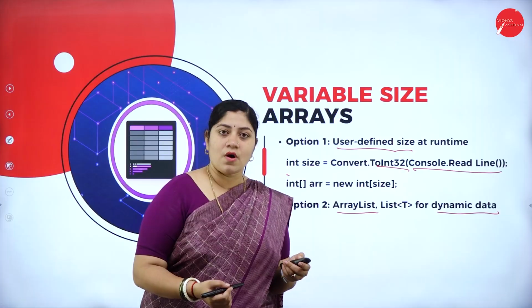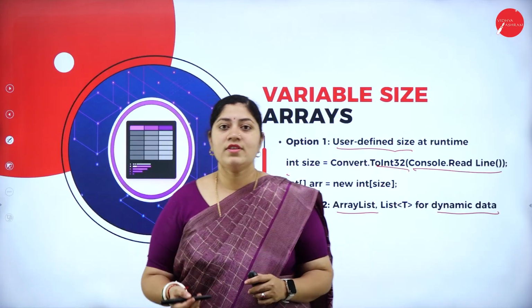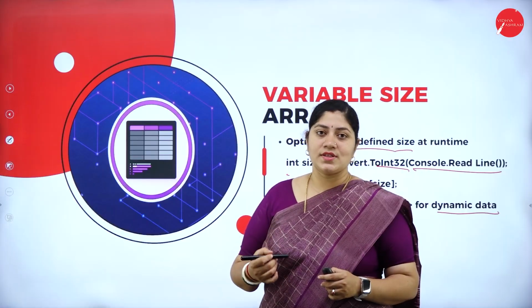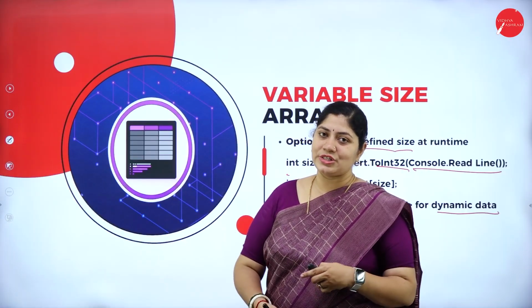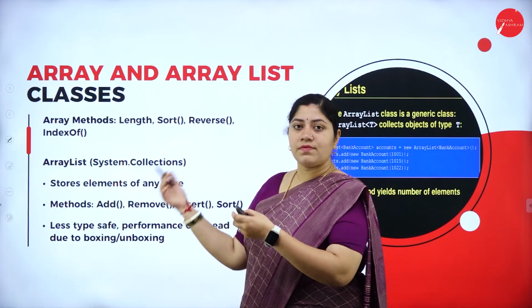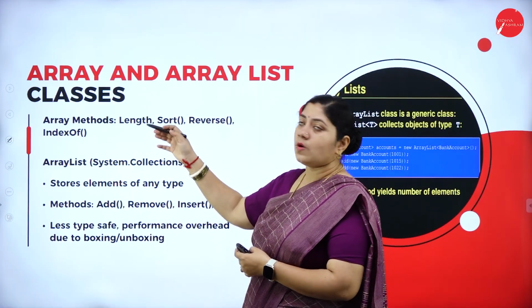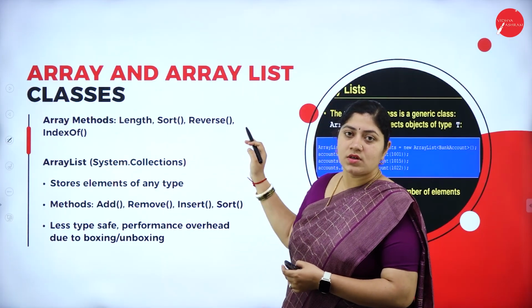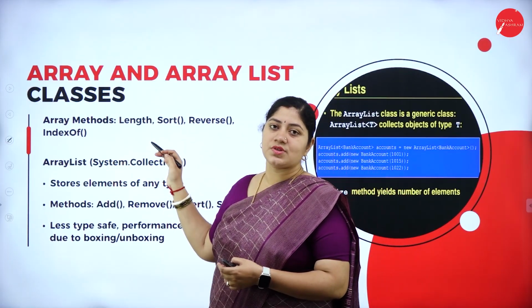Now let's move forward and understand the different array and array list as well as how the classes are correlated with C#. Over here, for array and array list, we have different array methods. Depending on the type of the data or the input we give, we can call the type of array or use the keywords.